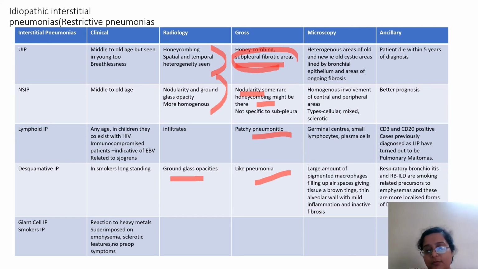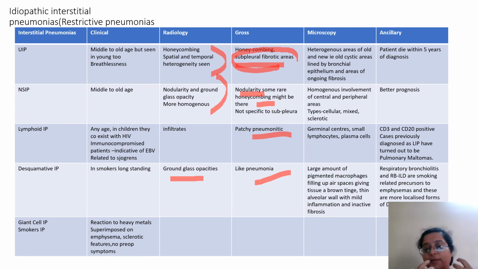NSIP is more homogeneous. It can be a lot of cellular reaction, reactive changes, so it is cellular. If there is a lot of fibrosis, it becomes sclerotic, and if both the things are appearing together, then it is mixed. Okay, occurring in central and peripheral areas. Lymphoid, you'll see a lot of lymphocytes with germinal centers and lymphoid follicles with plasma cells.